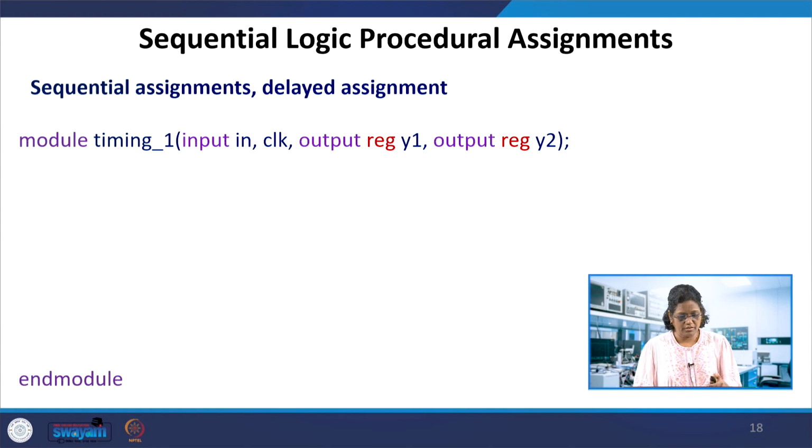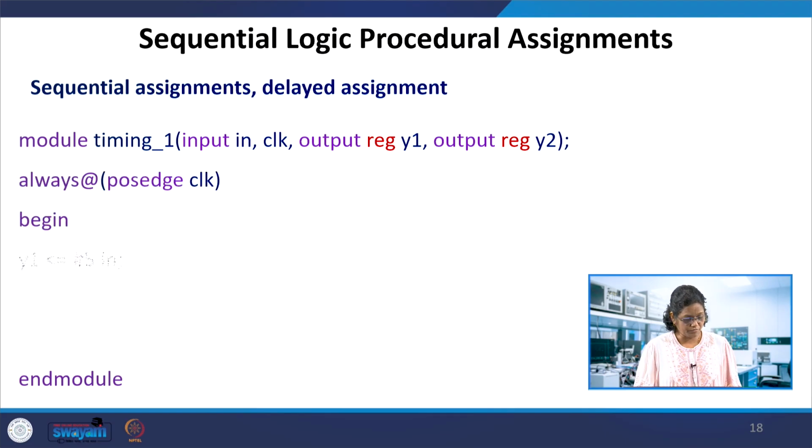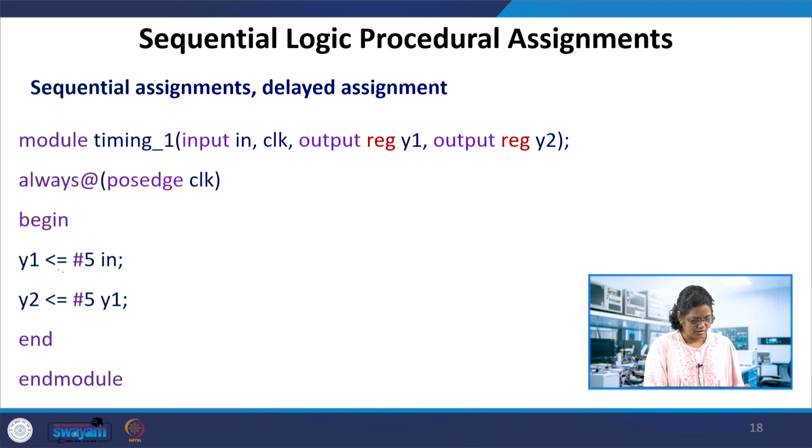Whereas, if you say the delay, you see the delayed assignments in the same case with the non-blocking statements. With non-blocking, of course, the 5 time units are always there, but the value of y1 will be updated here, and this old value will be updated in y2.